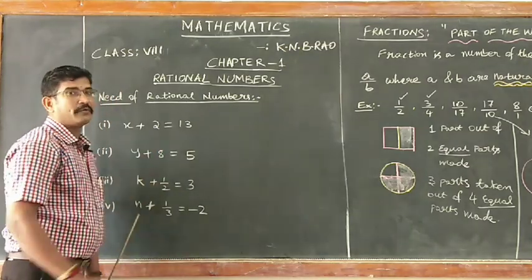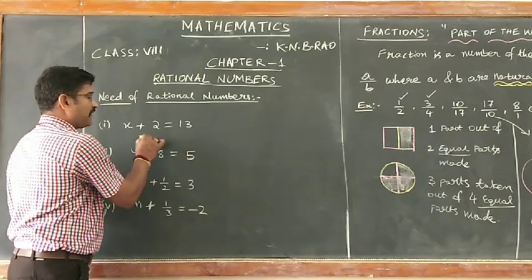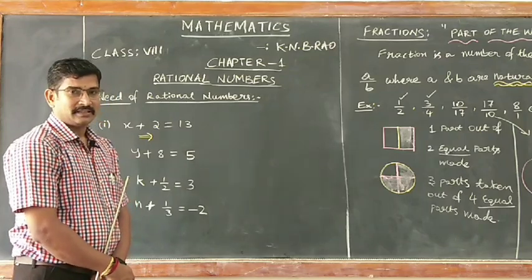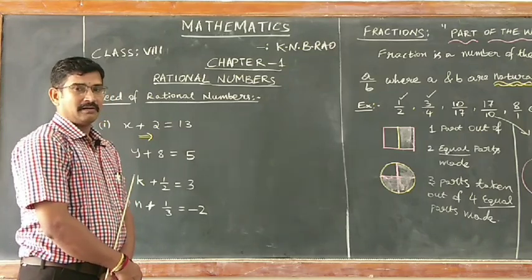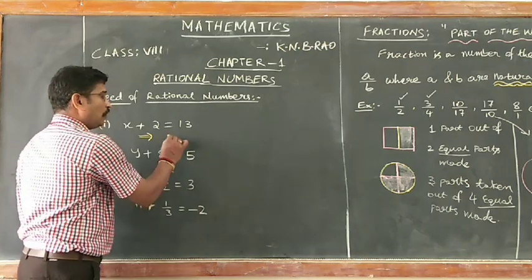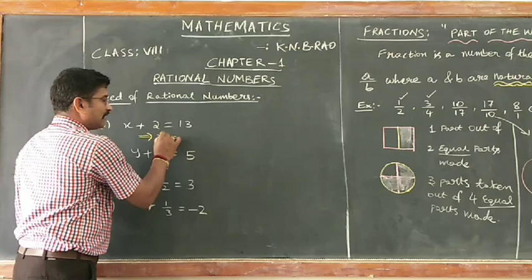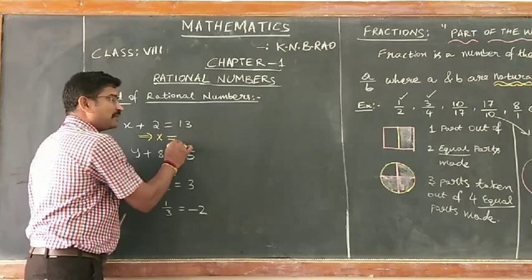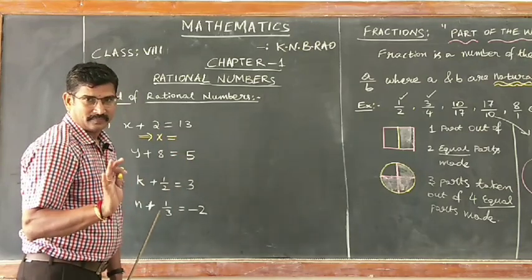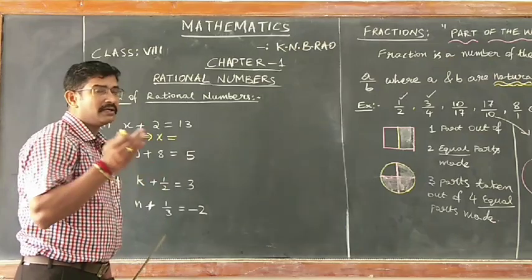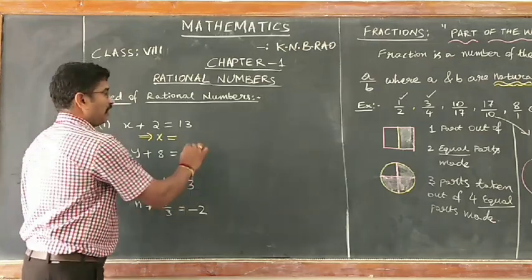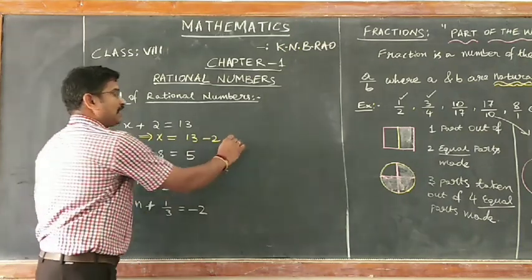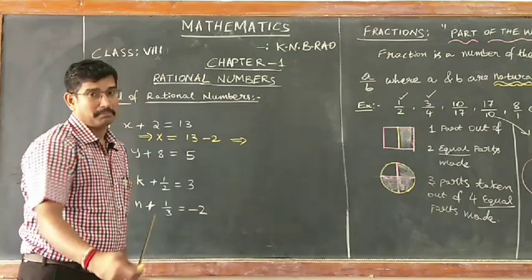Children, in this first simple equation, when you solve for the variable, means when you want to find the value of a variable, then we solve it by taking the variable to one side of the equality, and the rest of the numbers we send to the other side. You know how to solve a simple equation, you learnt in your 6th class as well as 7th standard.